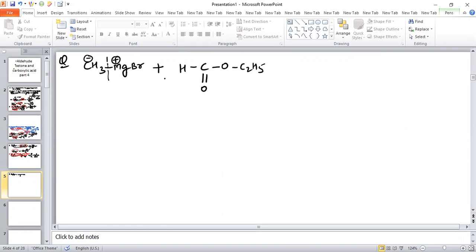So basically this is CH3 MgBr. Now you can say in this case this carbon having partial positive charge, so now this CH3 minus will attack.